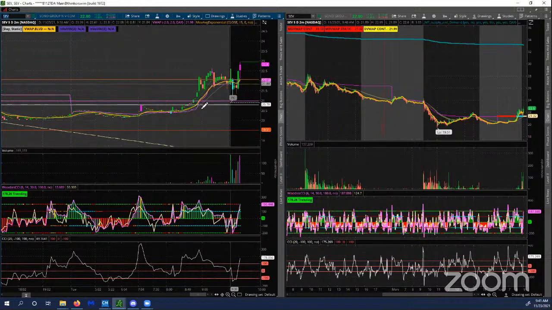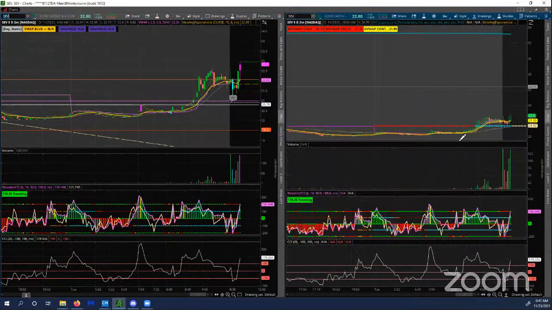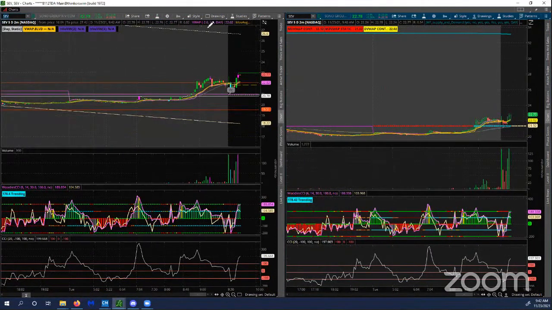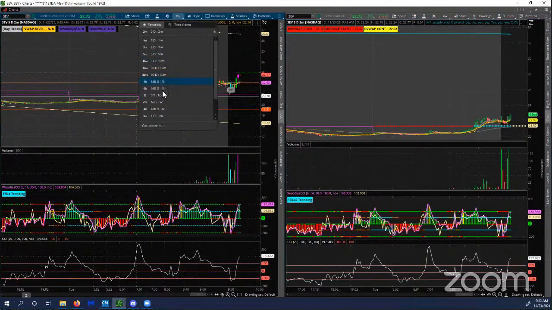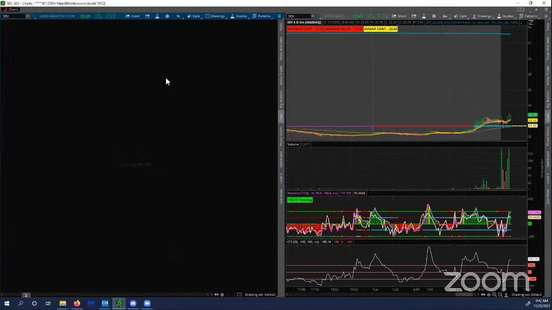Gotta pop down, pop up, retest previous day VWAP. We need to find targets before we can just enter.